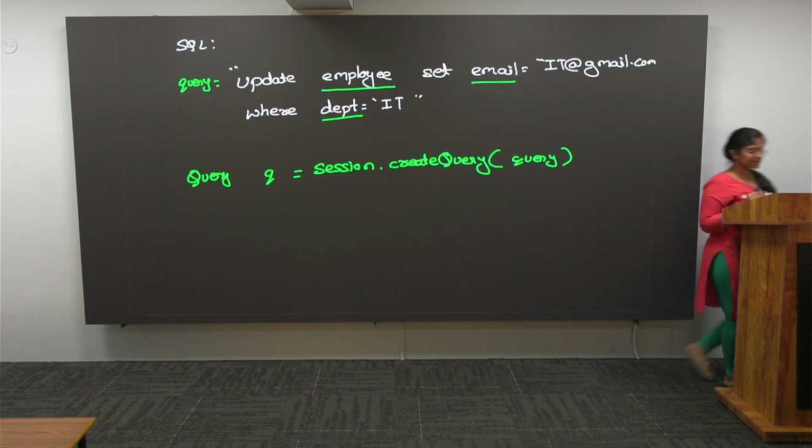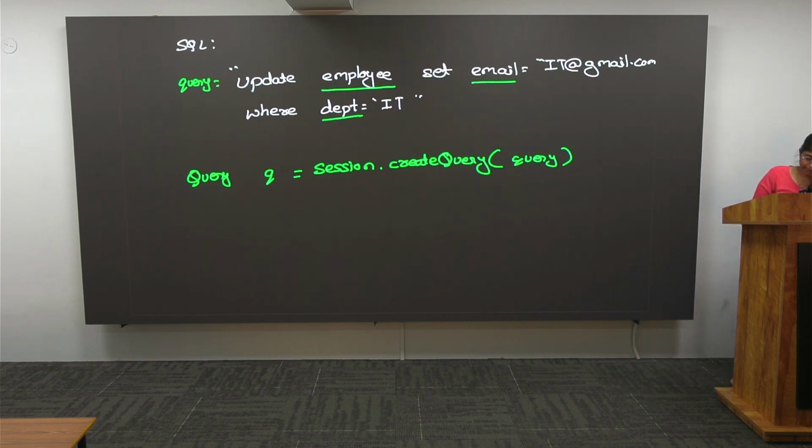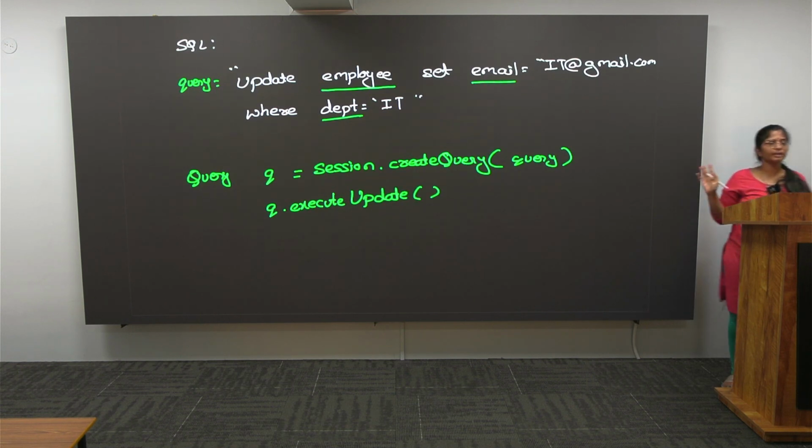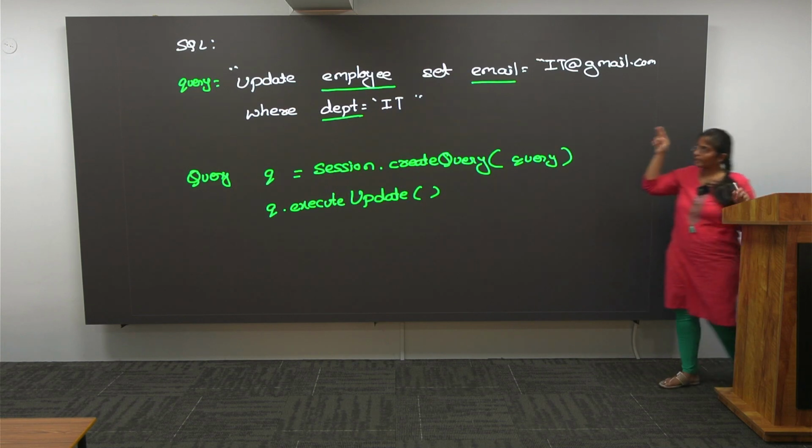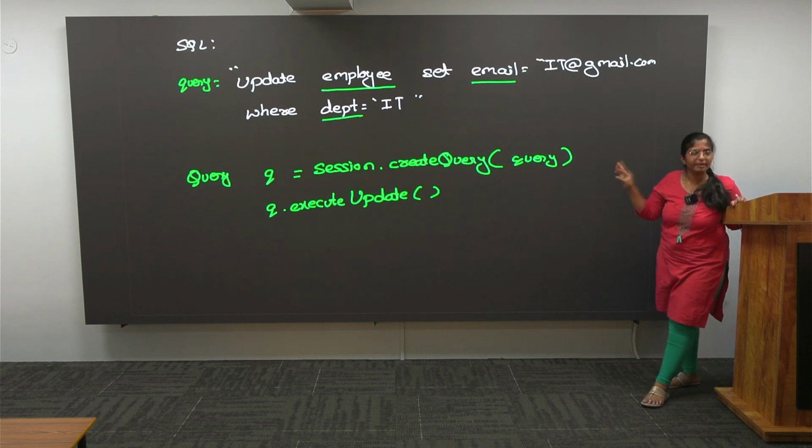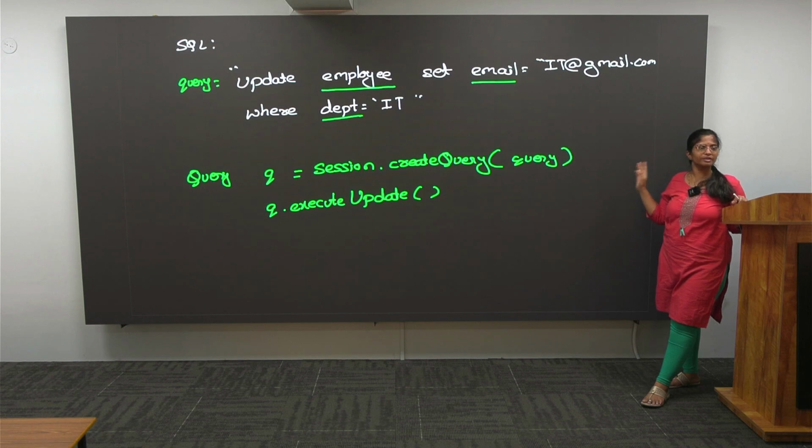In this case you need to call a method called executeUpdate, and this method will not accept any parameter. It will update all the records and it will be reflected in your database.